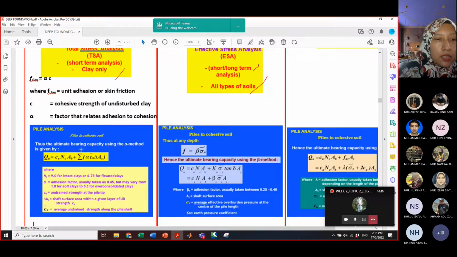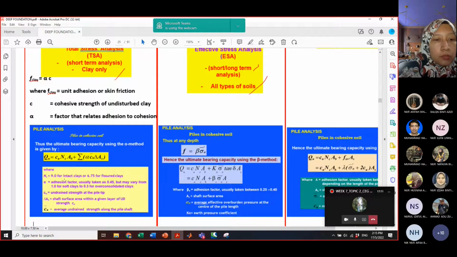So in this case, if you look at the comparison among the three methods in cohesive soil, whether alpha, beta or lambda, they only differ in QS. For the alpha method, QS consists of alpha times average undrained CU times the shaft surface area within a given layer of undrained strength CU.